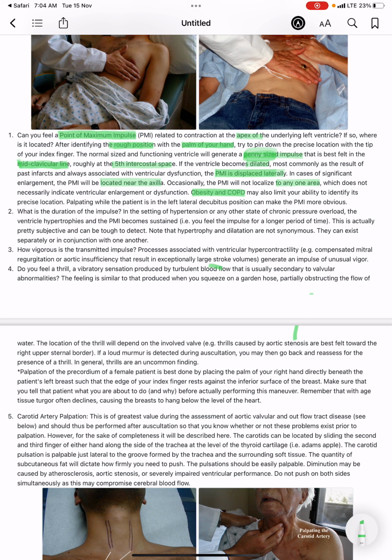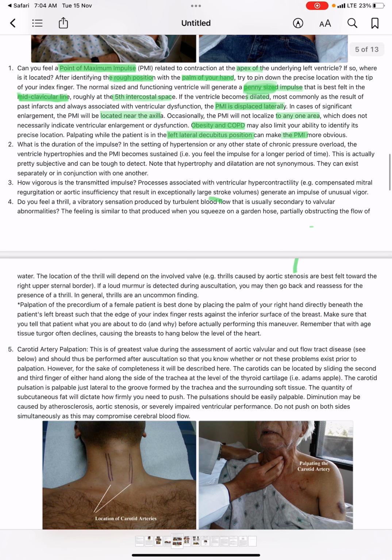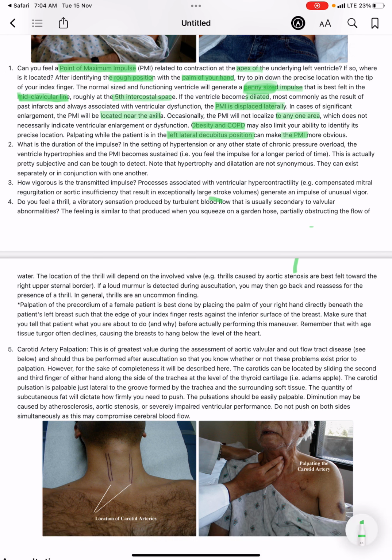So palpating while the patient is in the left lateral decubitus position can make the point of maximal impulse more obvious. So if you have to palpate the point of maximum impulse, the patient has to be in a left lateral decubitus position.